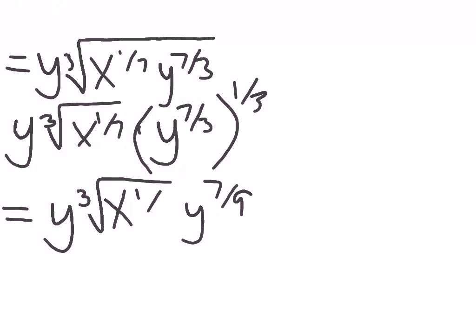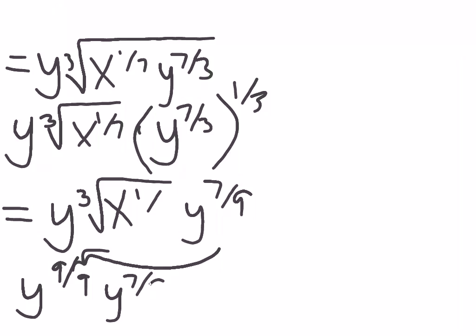Okay? And so I can just bring this guy over here, and I have y to the 9/9 times y to the 7/9 times the cubed root of x to the 1/7.